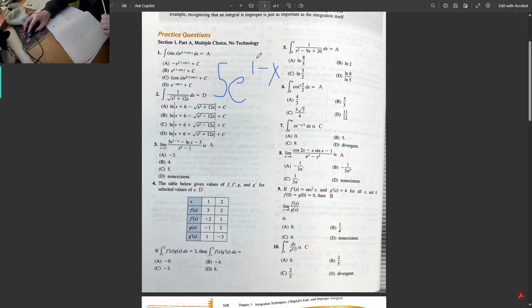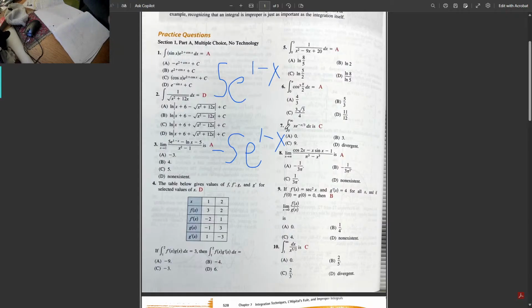So the derivative of the exponent is just negative 1. So we have to multiply the outside by u prime. So that will be negative 5. And then this remains to be e to the u. So it's just negative 5e to the 1 minus x. Though I am going to go ahead and double check that in Symbolab because I might have completely screwed up, who knows.